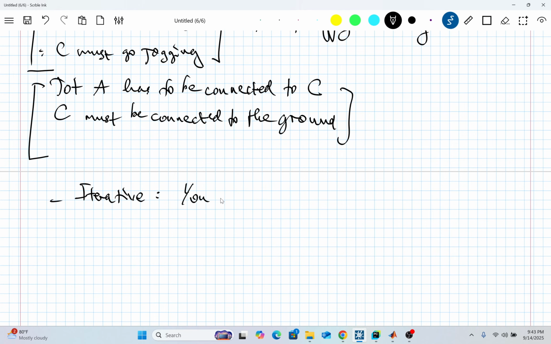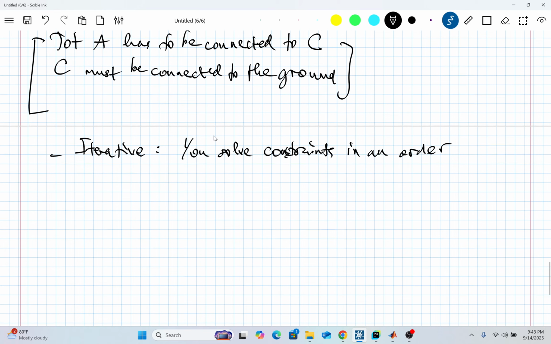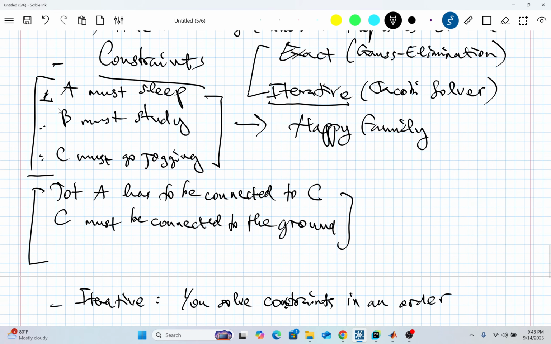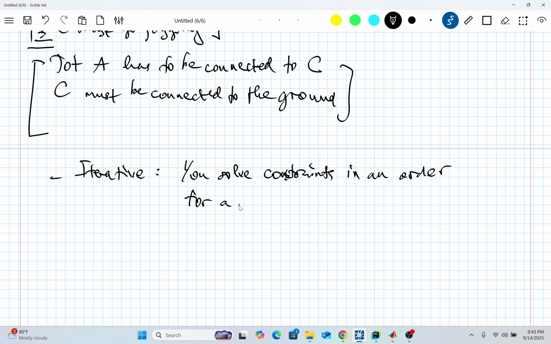You solve constraints in an order. You solve for number 1, then you solve for number 2, you solve for number 3, and then you solve them for a number of times.